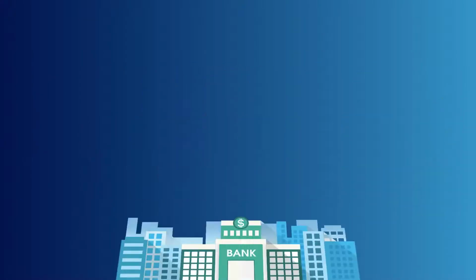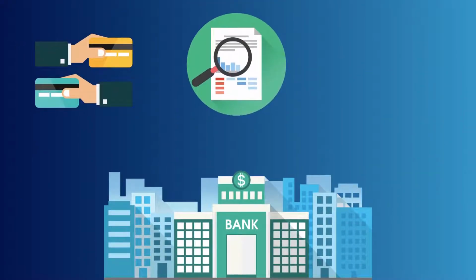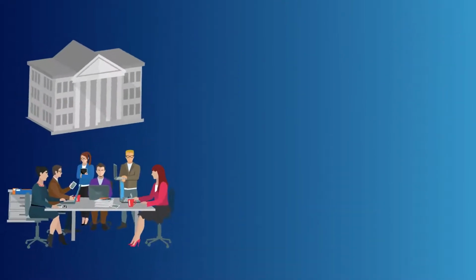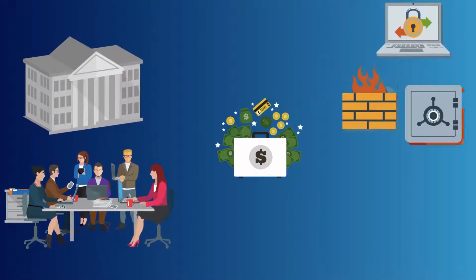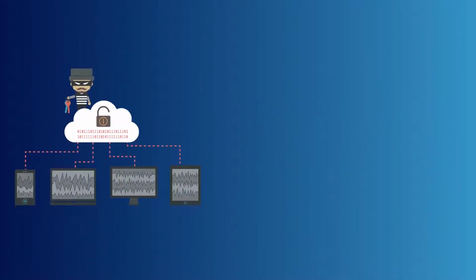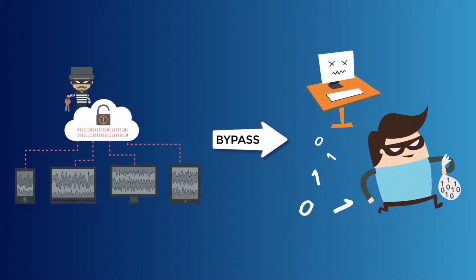Hackers also got into banking infrastructure and stole credit card and other account information of millions of people all around the world. Governments and corporations are spending huge amounts of cash to fund firewalls and other kinds of security protocols to protect their websites and data. But hackers are proving over and over again that they can bypass these protocols and access critical information.